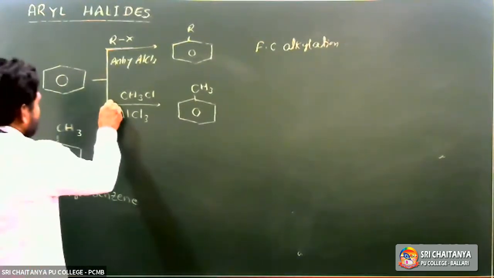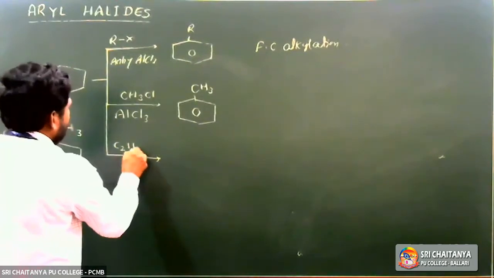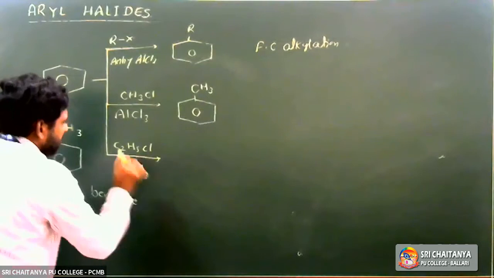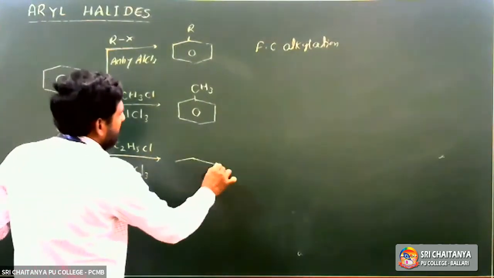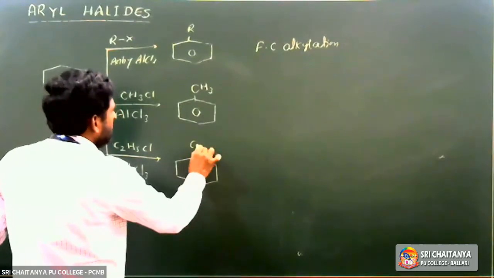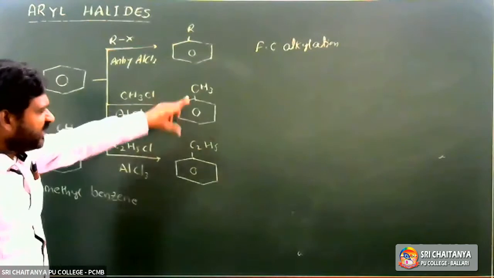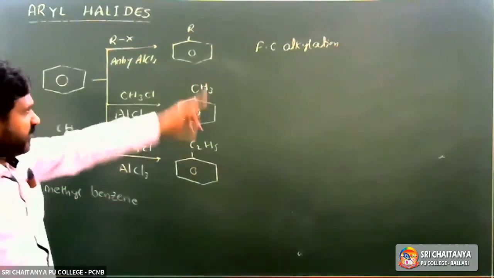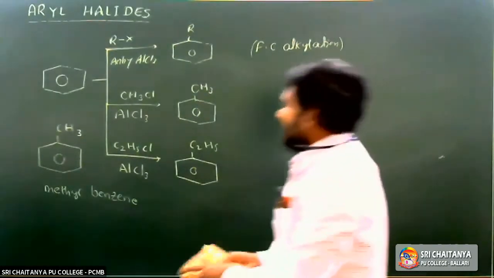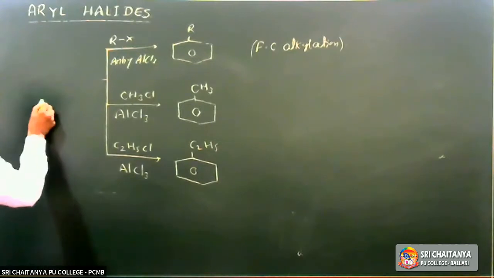Next, when benzene is treated with ethyl chloride, C2H5Cl, in the presence of anhydrous AlCl3, ethyl benzene is formed. The name of the reaction is Friedel-Crafts alkylation reaction.